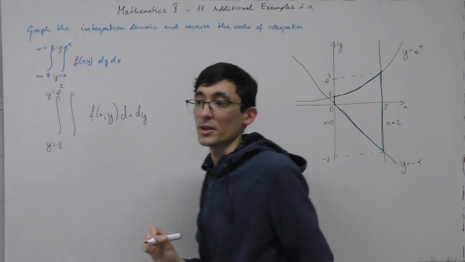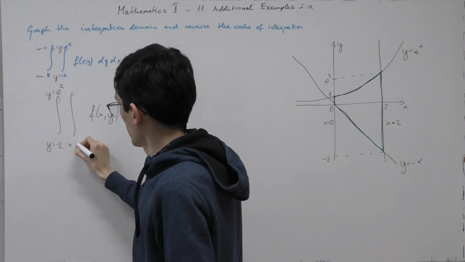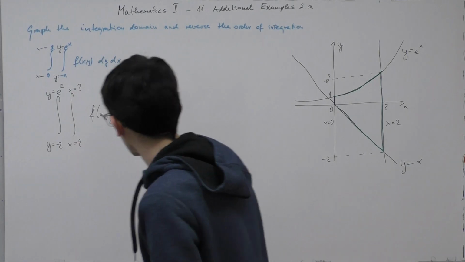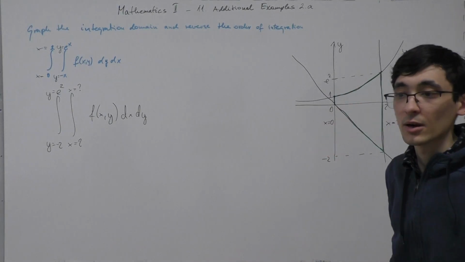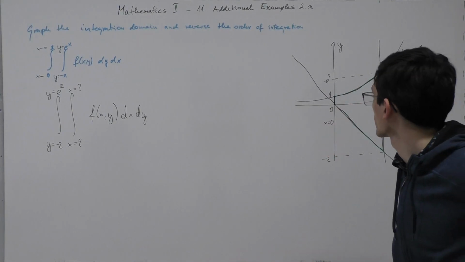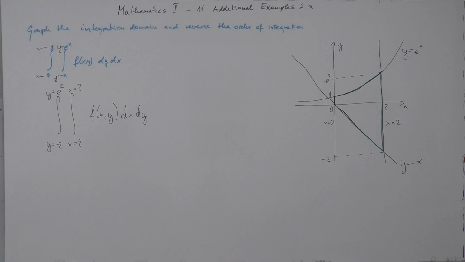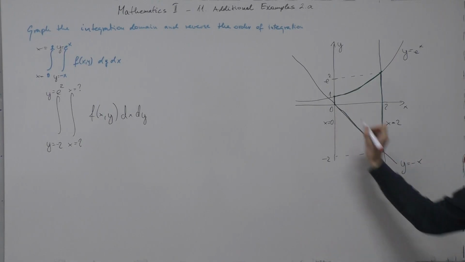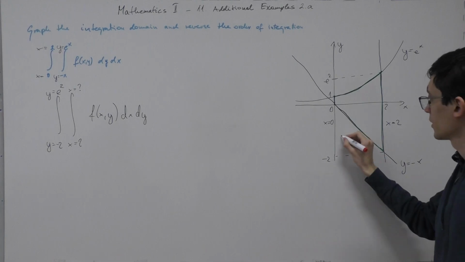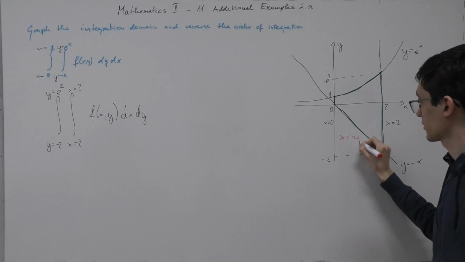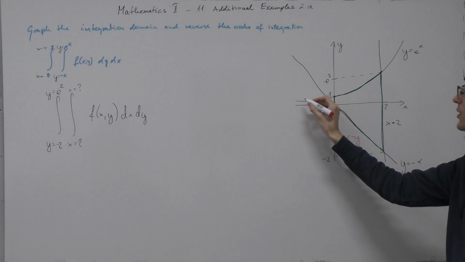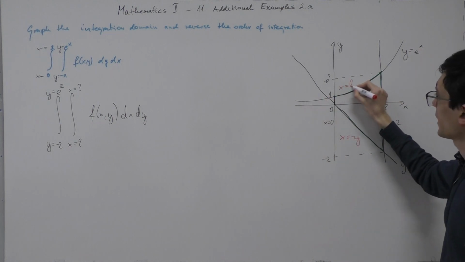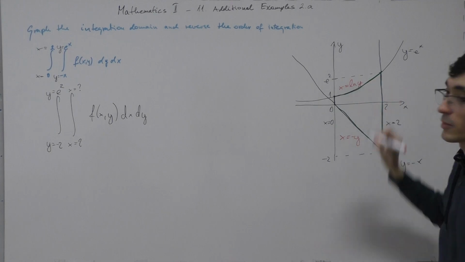And now all we need is the limits of x. For this we will need the inverse functions. For this line here, the inverse function will be x equals negative y, and for this curve here, the inverse function is x equals the natural logarithm of y.